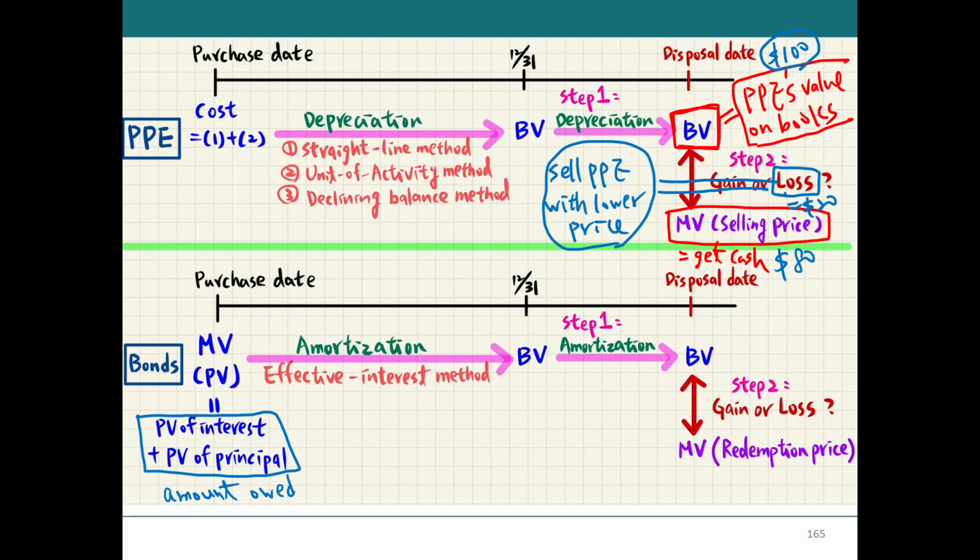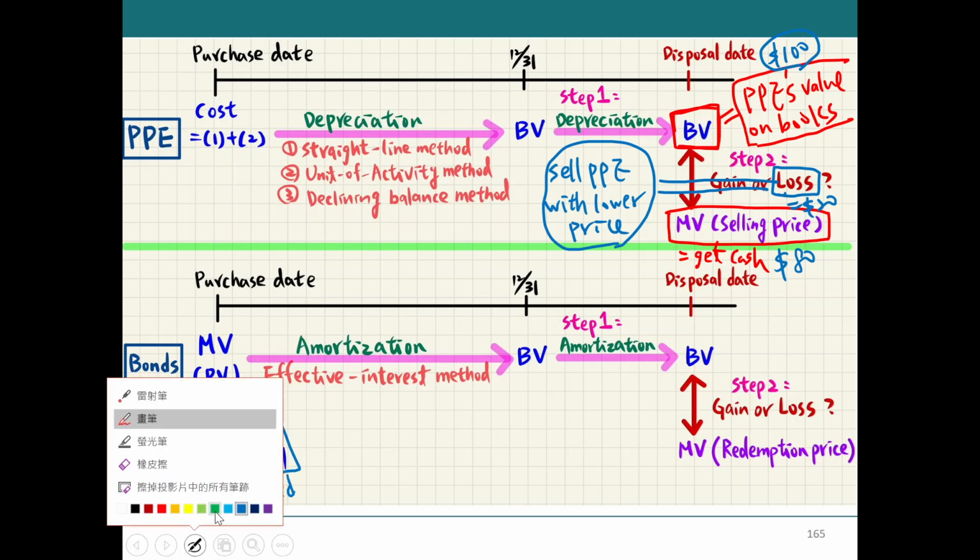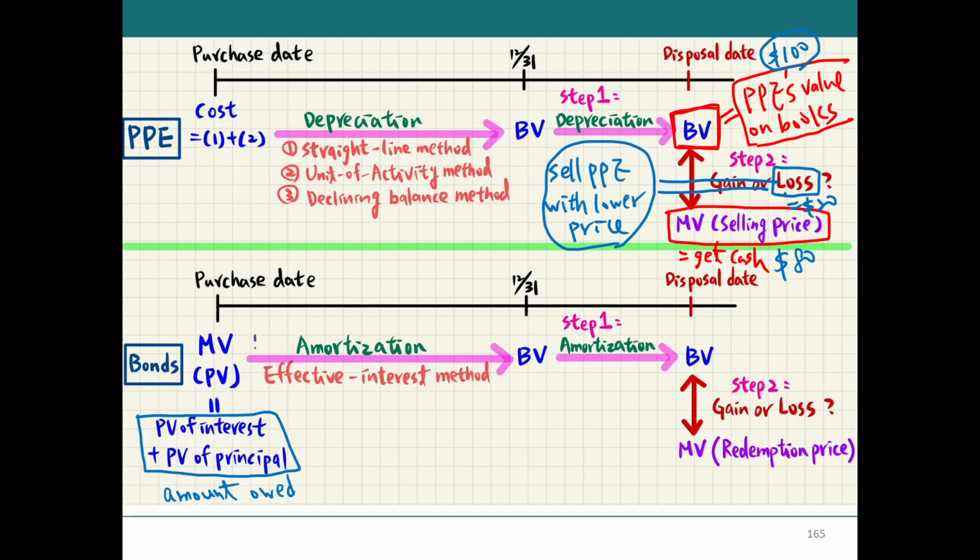Don't forget, the following periods, we should find out our interest, right? So we use effective interest method, 有效利率法, to find out our first cost of borrowing and second cost of borrowing, right? Okay. So our effective interest method, 有效利率法. This one could help you find out your first cost of borrowing.